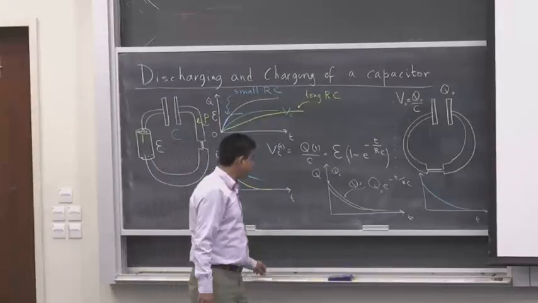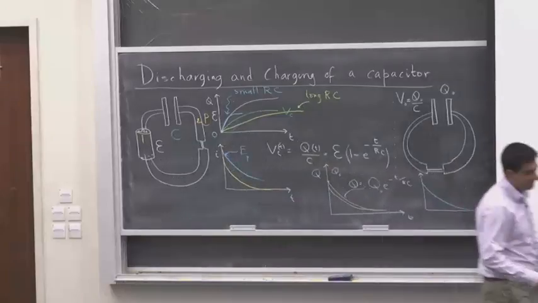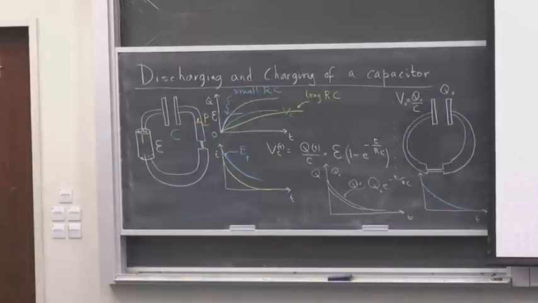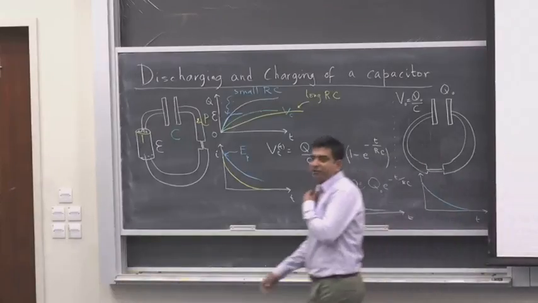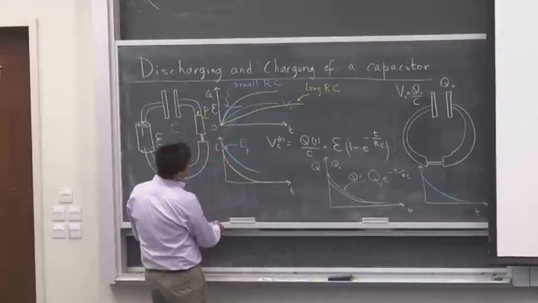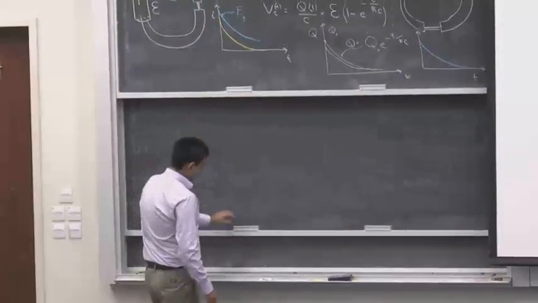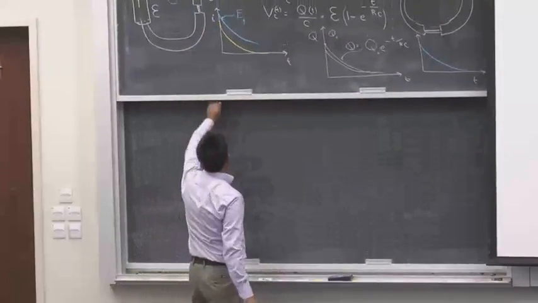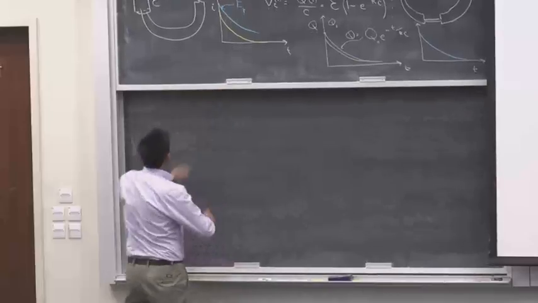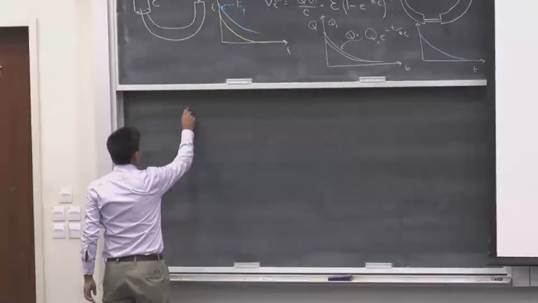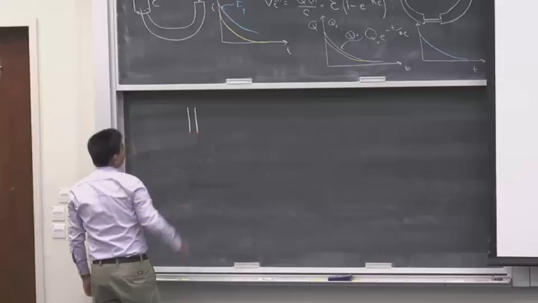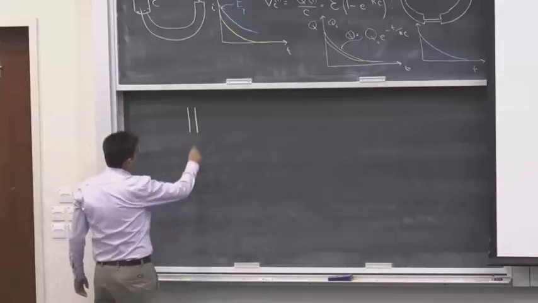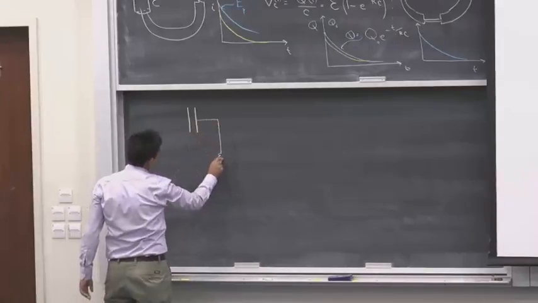Now what I have for you is a demonstration, in which I've actually tried to automate this process for you. So what I have is basically a capacitor, in the usual circuit symbols, and I have a resistor in series with it.